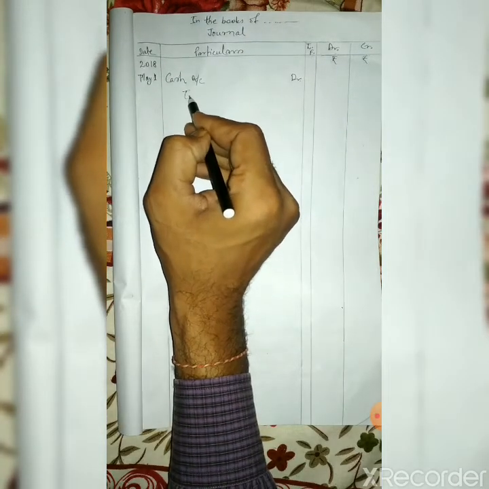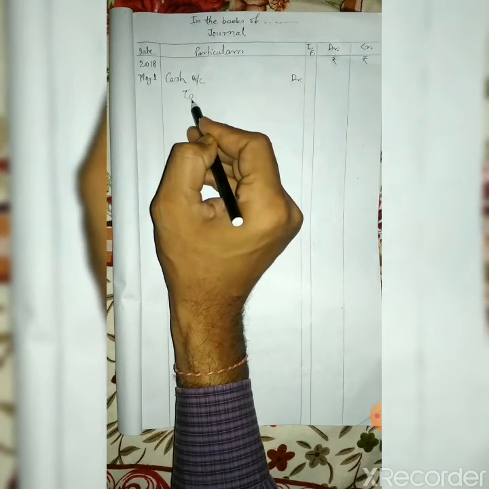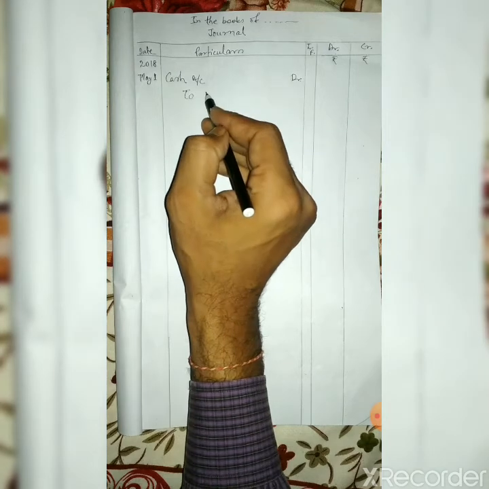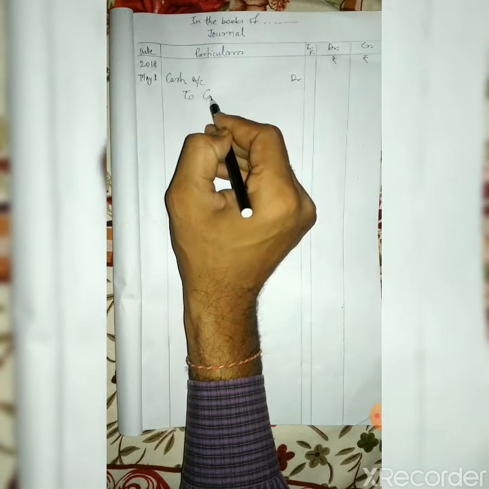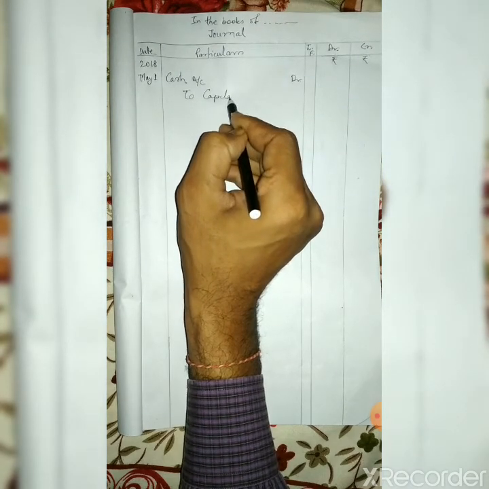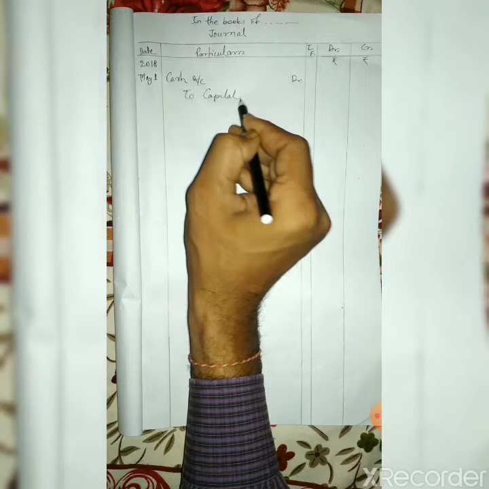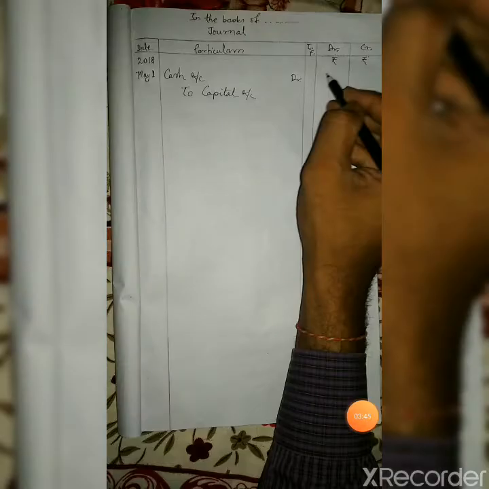So here the two sides are cash and capital. Cash is coming into the business. In accounts you have to always learn each entry, how a journal entry is made. So here two sides are cash and capital.